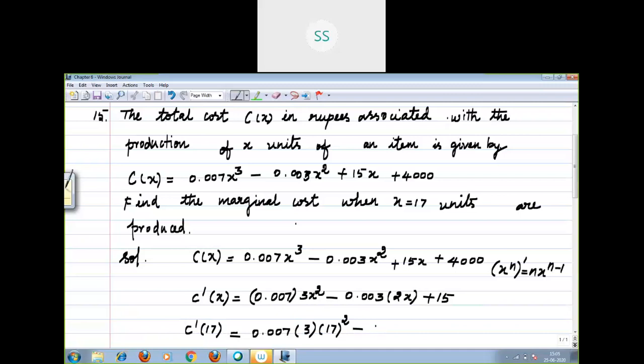0.003 into 2 into 17 plus 15. Simple multiplication only.